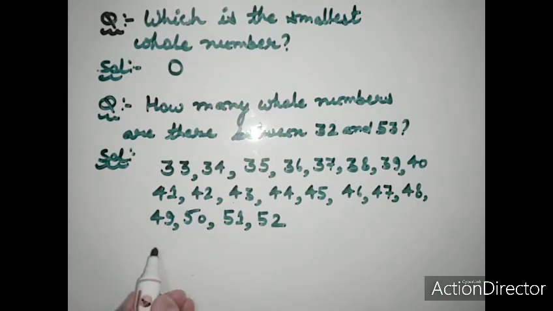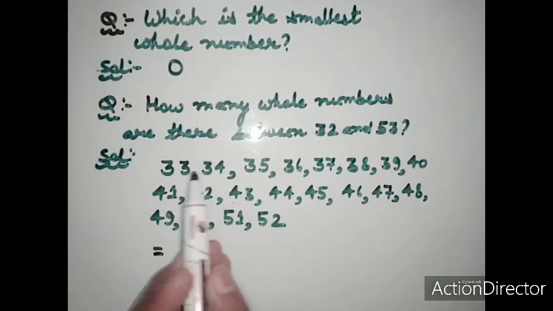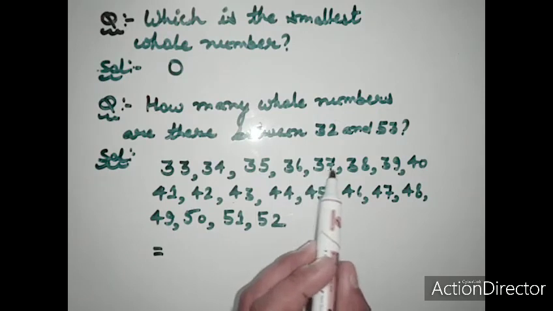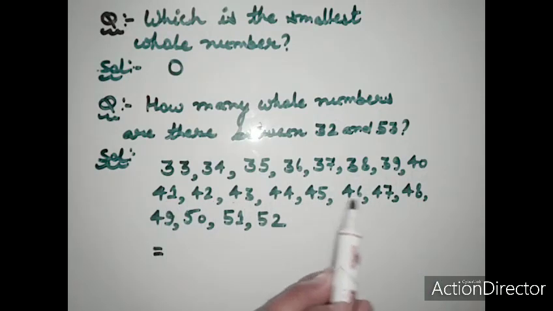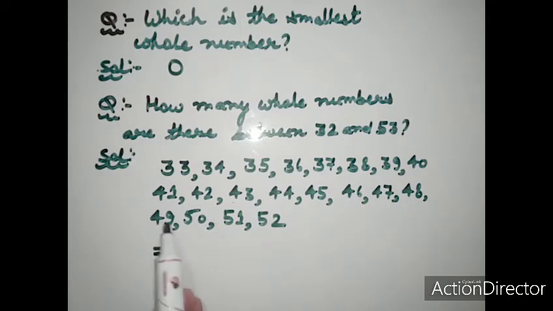Now here we count all these numbers: 1, 2, 3, 4, 5, 6, 7, 8, 9, 10, 11, 12, 13, 14, 15, 16, 17, 18, 19, 20. So we say that there are a total of 20 whole numbers between 32 and 53. Now students, here we take some other questions also.